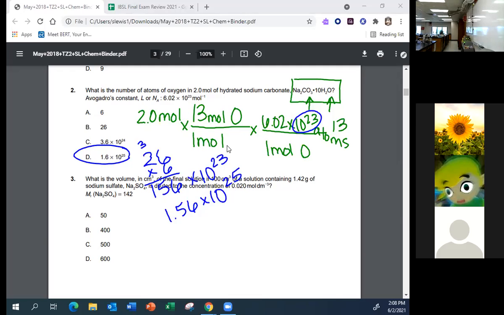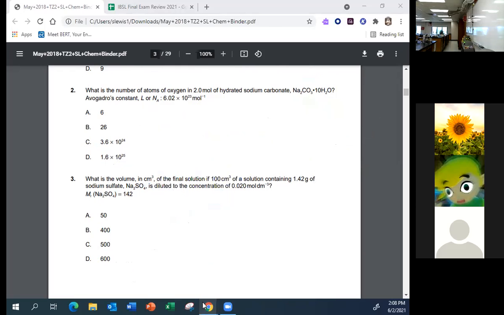Okay. And number 3, also on the gray test, what is the volume in cubic centimeters of the final solution if we have a solution that contains 1.42 grams in, okay. So when it says final, to me, this makes me think of that dilution formula, right?